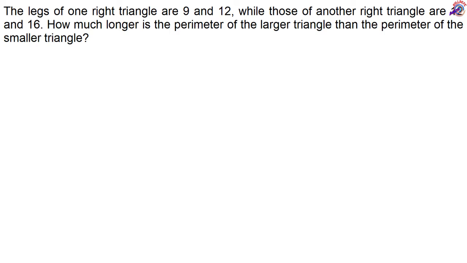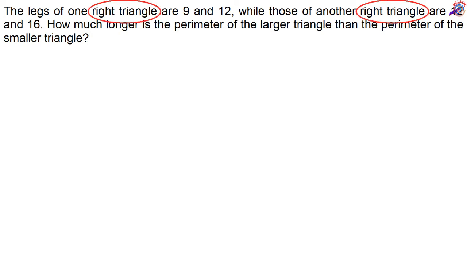To solve this one, there's one theorem that we have to use, and that is the Pythagorean Theorem. We're going to explain that later on, but first we have to remember that this is only applicable for right triangles.